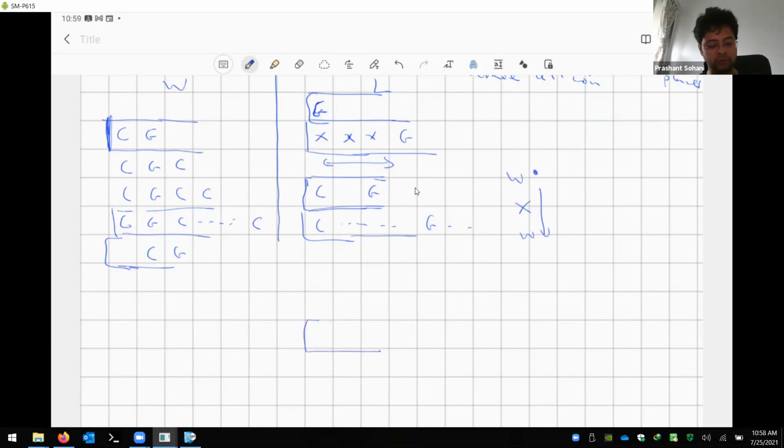What are all the positions from where in one move I can reach CG? For example, C followed by any number of spaces and G. If I can reach from here to here in one move and this is in W, then this cannot be in W. This has to go in the losing position category. That is how we have discovered a whole family of losing positions.